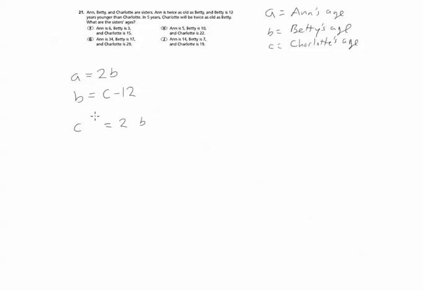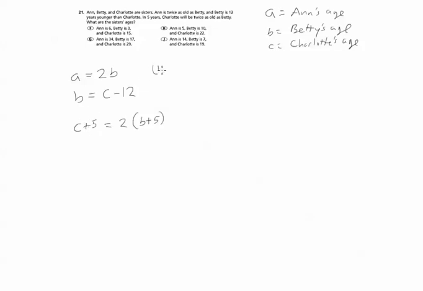My C variable represents Charlotte's age now. So in 5 years, she'll be C plus 5. And Betty in 5 years will be B plus 5. So I'm going to multiply B plus 5 by 2 to equal Charlotte's age in 5 years, C plus 5. So 2 times Betty's age in 5 years will equal Charlotte's age in 5 years.